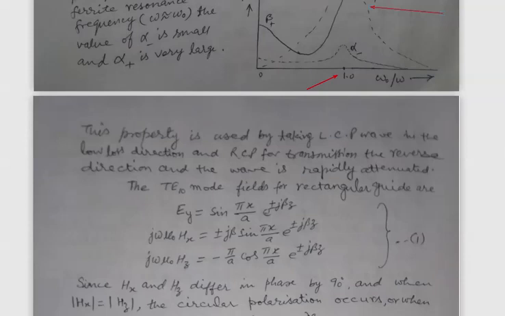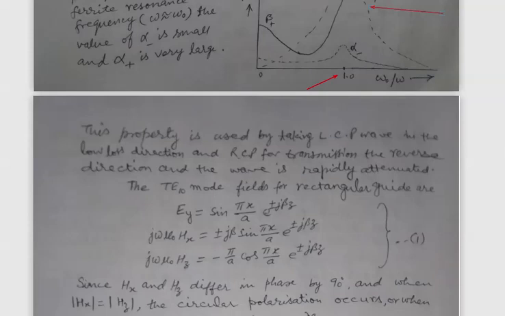In the construction we will use a left circularly polarized wave for the one direction in which transmission or propagation is required, and in the reverse direction the wave should be right or positively circularly polarized, which has a larger value of alpha plus and will be absorbed.